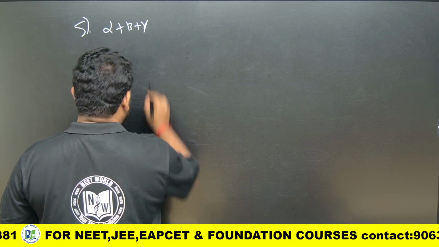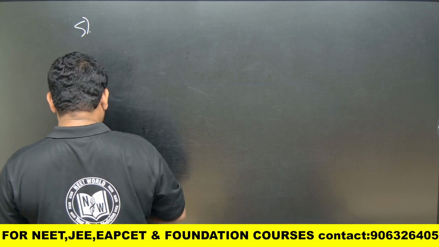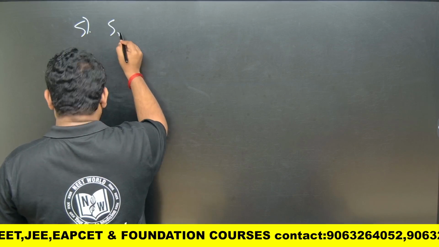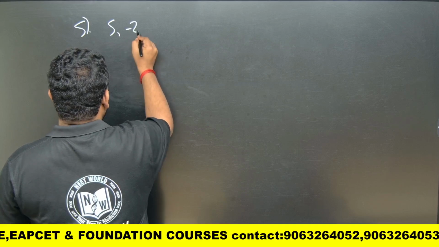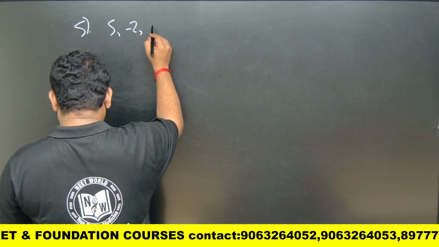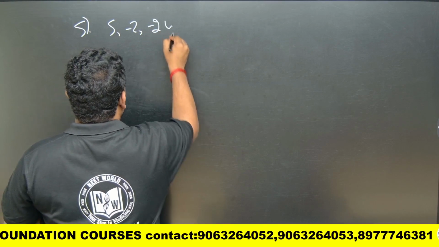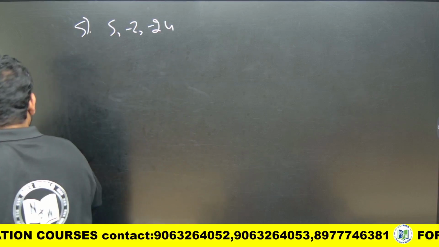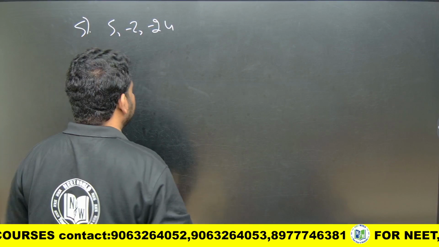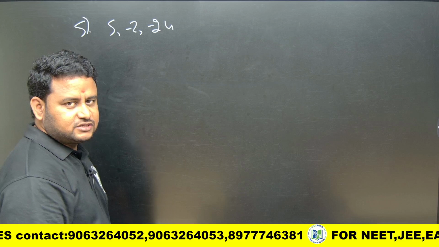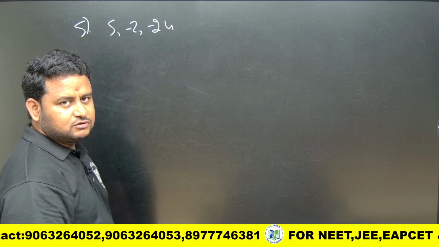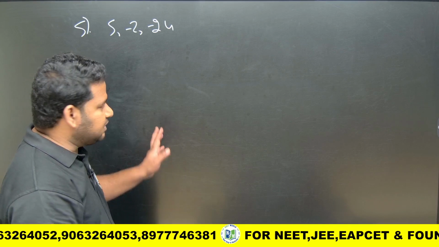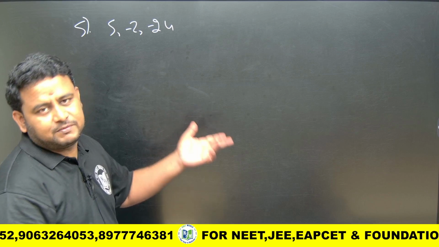They will give 5, minus 2 and minus 24. If 5, minus 2, minus 24 are the sum of the zeros, product of the zeros taken two at a time, and product of the zeros respectively, find the cubic polynomial.